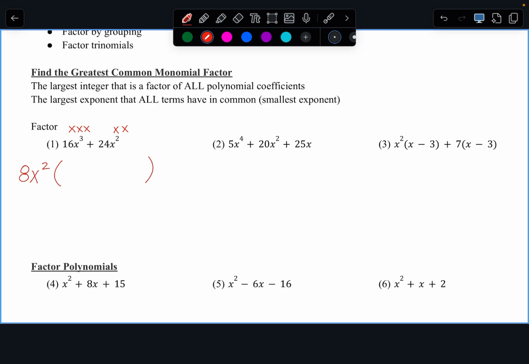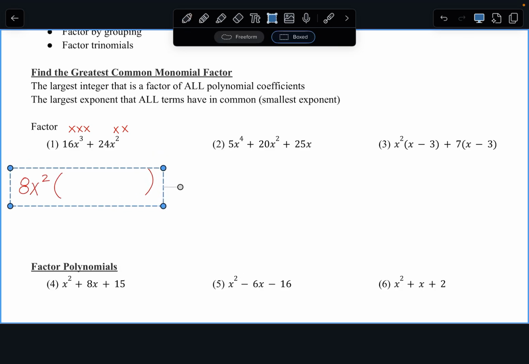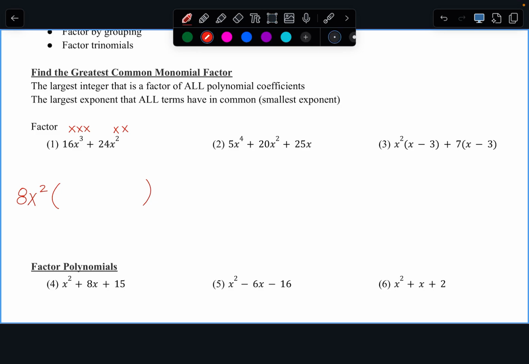To find what's left over, sorry if I make you rewrite this. I'm moving this down a little bit. Because if we divide this by 8x to the second and this by 8x to the second, that's what goes in here. So what is 16 divided by 8? 2.